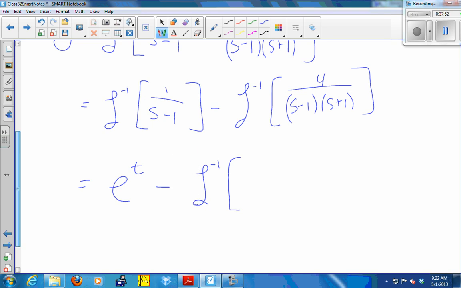Instead of this, I have 2 over s minus 1 minus 2 over s plus 1. And now I'm allowed to take the two inverse Laplace transforms separately, and I can pull the 2's out.